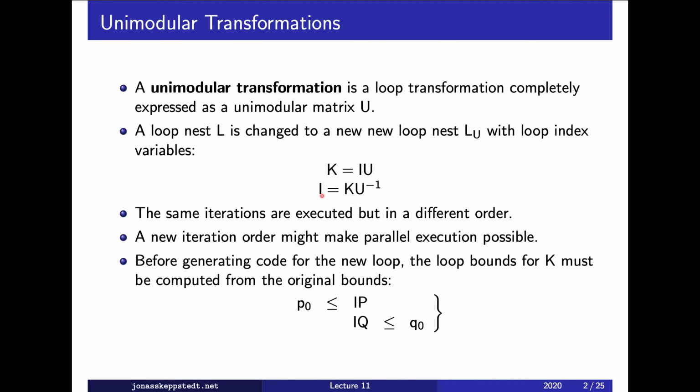We need to express the new loop bounds, and of course we must take the loop bounds from the original loop, and the original loop is this. So we take this expression and put that here and there, and then we can compute the loop bounds for the k loop.